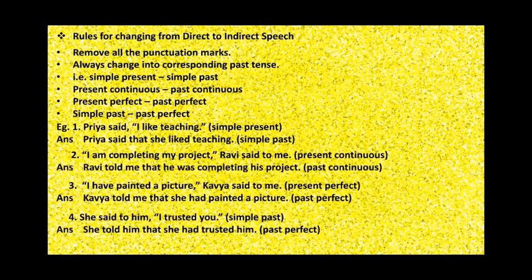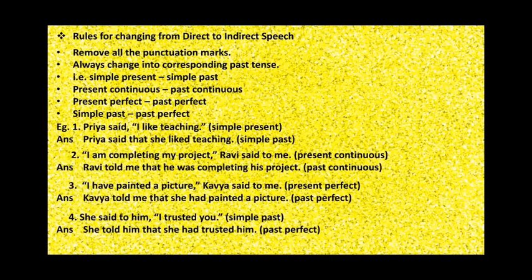Next, always change into the corresponding past tense. Most of the sentences in the direct speech are in the present tense. So while changing into an indirect speech, you need to change it into the corresponding past tense.